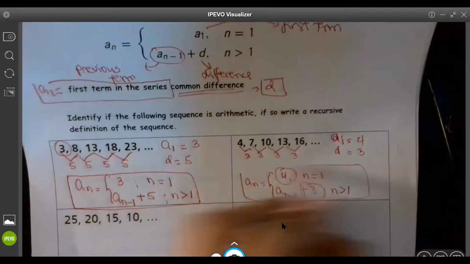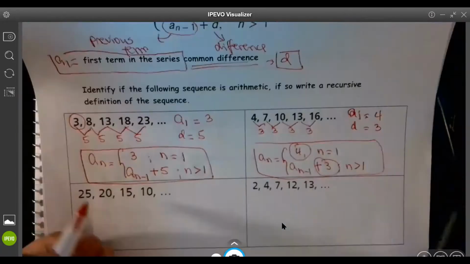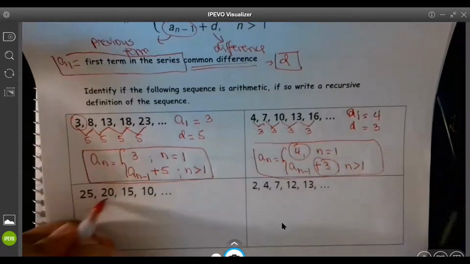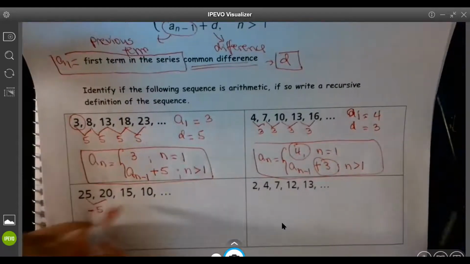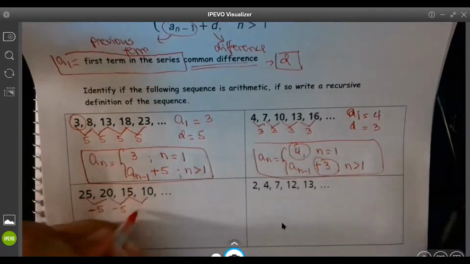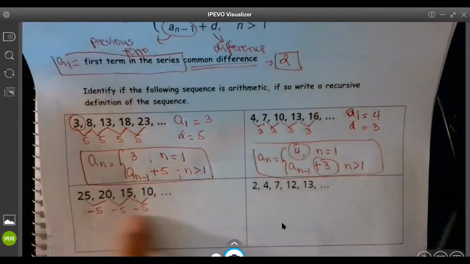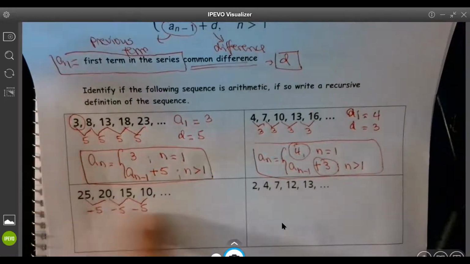Next, this one here. The common difference is 20 minus 25 is negative 5, 15 minus 20 is negative 5, 10 minus 15 is negative 5. So the difference is common, they're all the same. So this one is an arithmetic series.